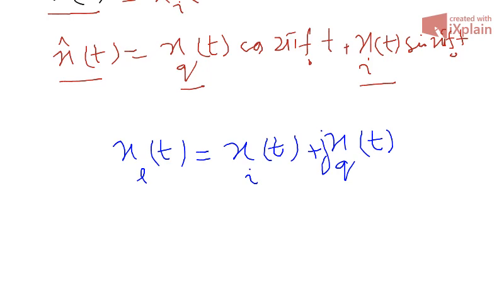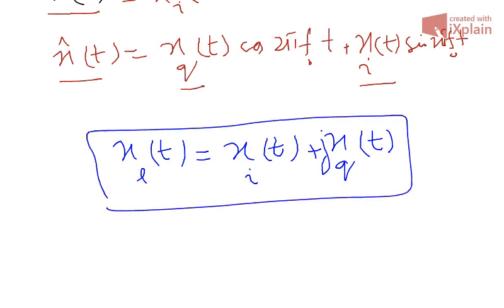The real part of XL of t is called the in phase component, and the imaginary part is called the quadrature component of x of t. So this is what we derived in this lecture.